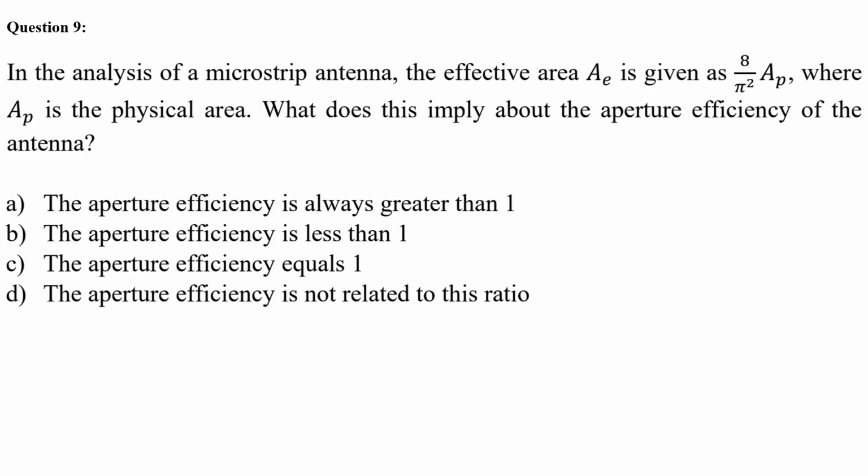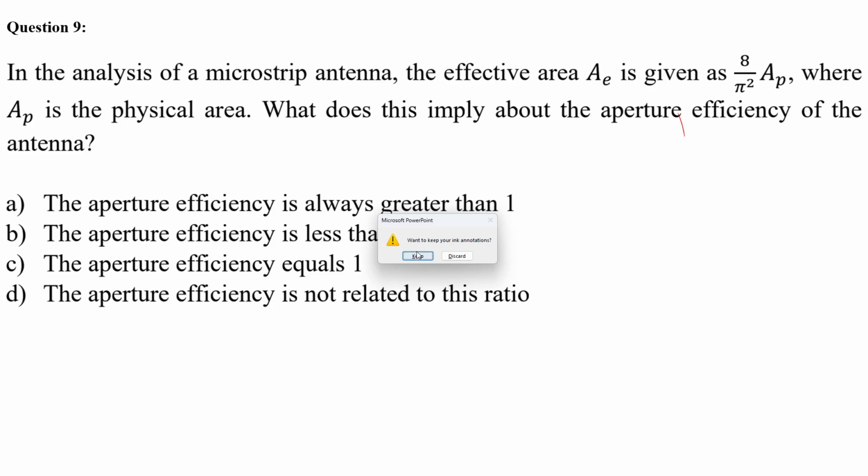What does this imply about the aperture efficiency of the antenna? Option A: the aperture efficiency is always greater than 1. Option C: the aperture efficiency is always less than 1 or equal to 1. Option D: aperture efficiency is not related to this ratio. We know that aperture efficiency is the ratio of the effective to the physical area.